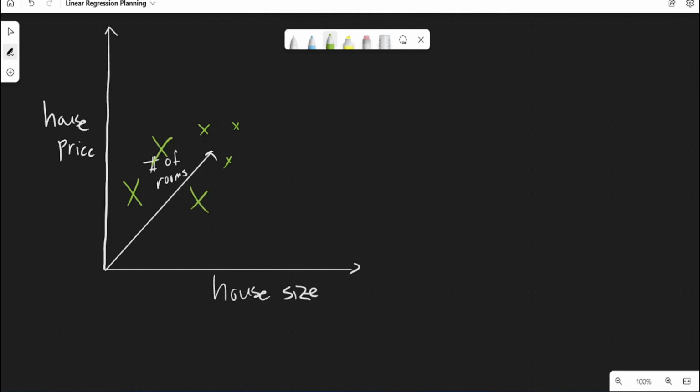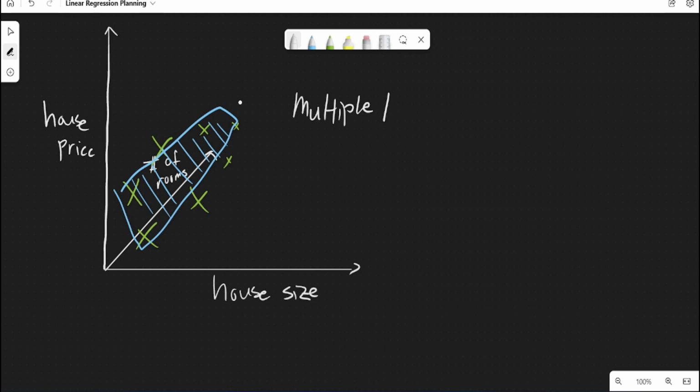So how do we optimize for this? Well, instead of a line here, we actually have a plane. Oh god, that's terrible, I'm sorry. We have a plane here to best predict the values, and this is called multiple linear regression.